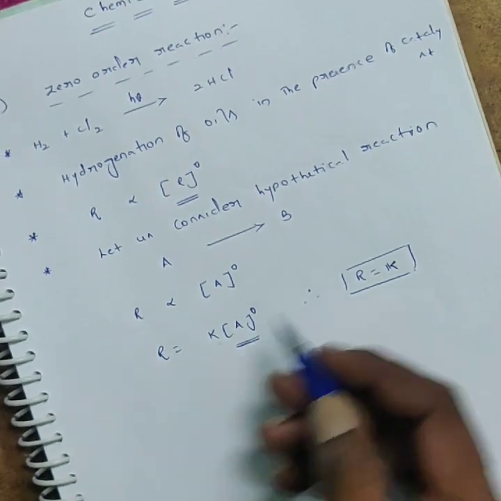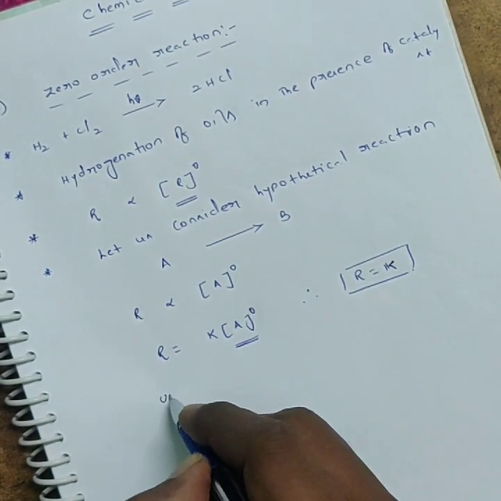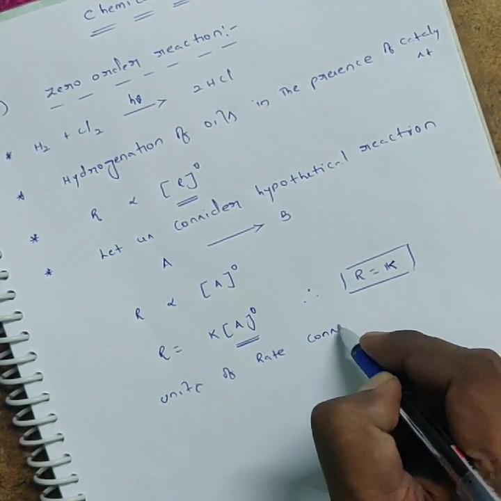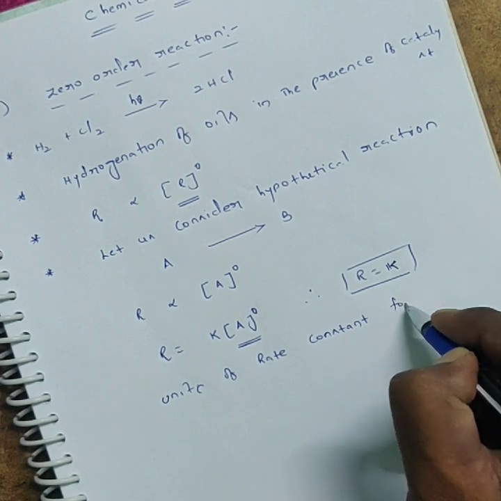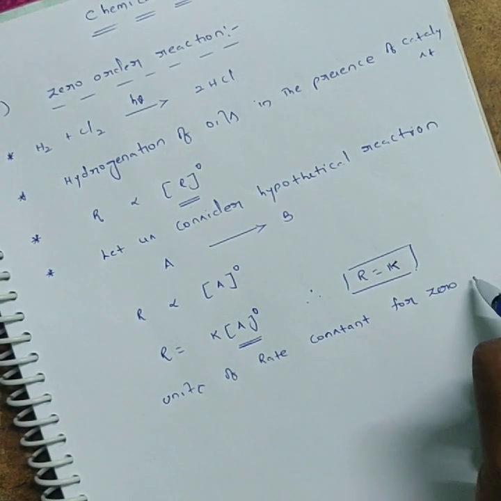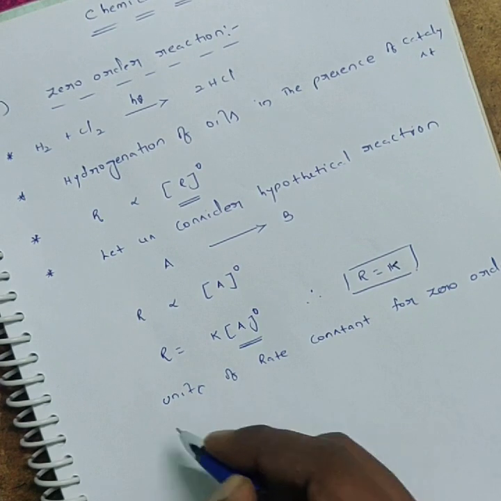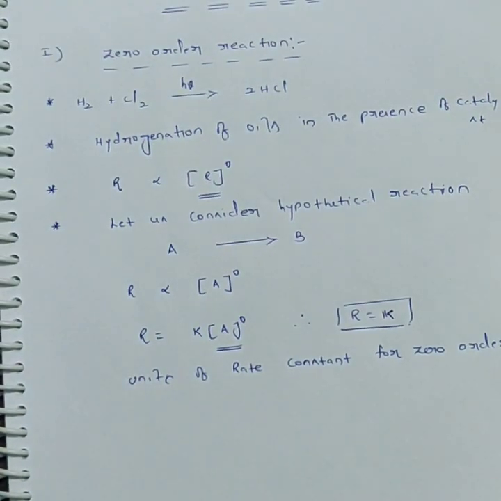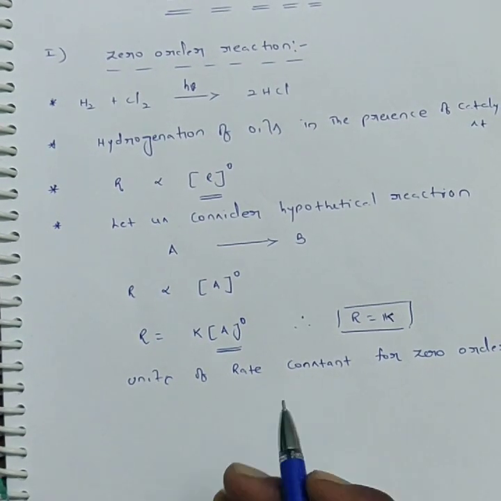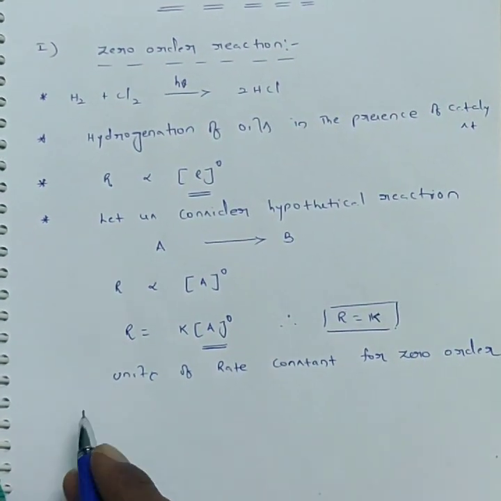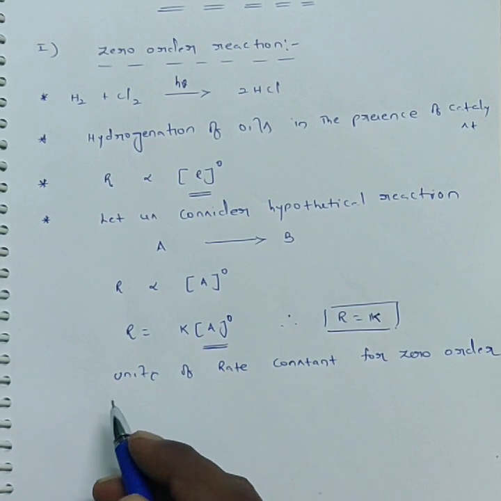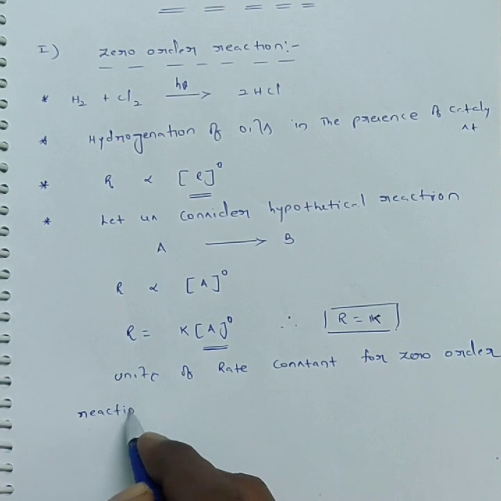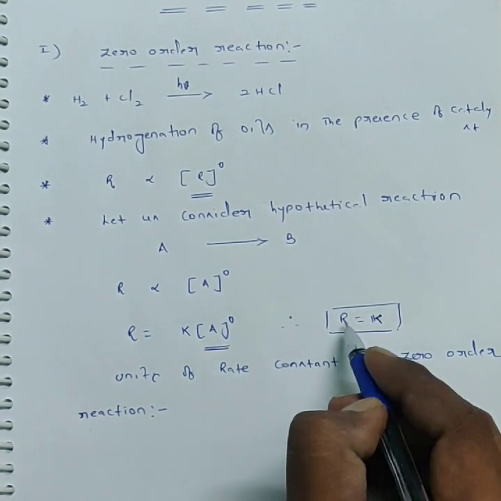So what are the units of rate constant for zero order reaction?